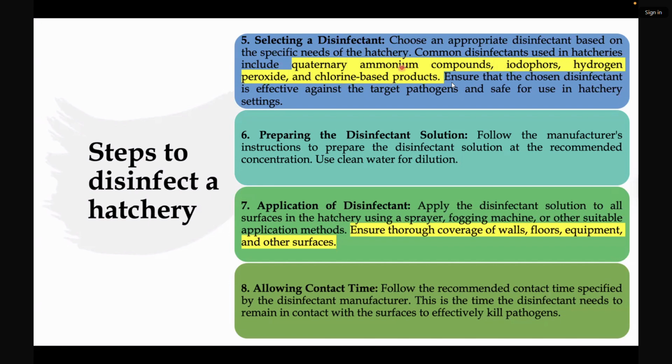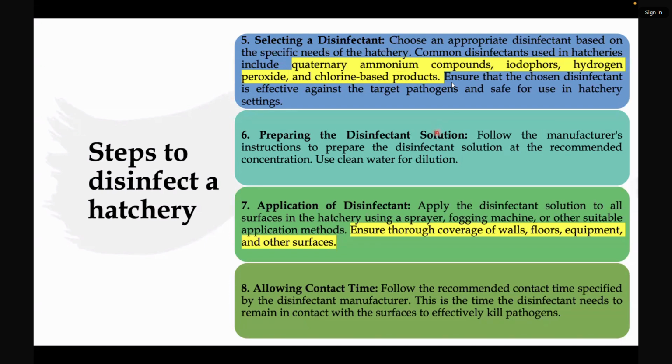hatchery facilities. Now, once we have selected the disinfectant, we have to prepare the disinfectant solution. We may not be applying the disinfectant directly onto the surface of our equipment. We may have to make a solution with clean water.